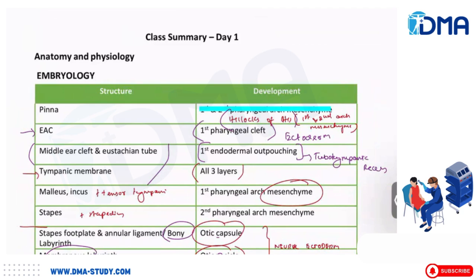Tympanic membrane from all these three layers, and malleus, incus, and the muscles associated with it develop from mesoderm. So ectoderm, external ear. This malleus, incus, stapes, mesoderm. Middle ear cleft and eustachian tube develop from endodermal outpouching. So all three layers, tympanic membrane, very important.